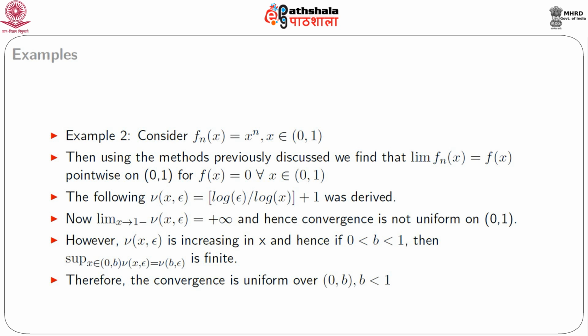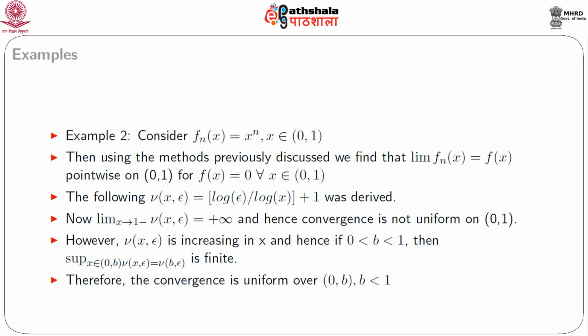Then, as earlier, we have derived ν_x(ε) as the floor of log ε divided by log x, plus 1. However, the limit of ν_x(ε) as x tends to 1 from below is not finite, and hence the convergence cannot be uniform on the open interval (0, 1).